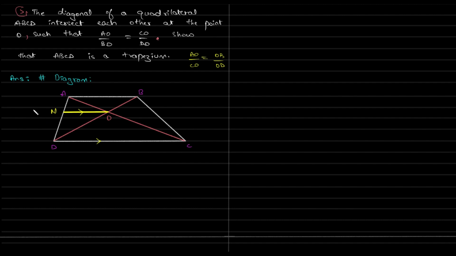So as of now, the answer is not clear. How are we able to prove this is a trapezium? The very basic thing about a trapezium is that one pair of opposite sides is parallel. If you prove that, you're done. So basically, we have to prove that AB is parallel to DC. If you're able to do that, you're pretty much done.